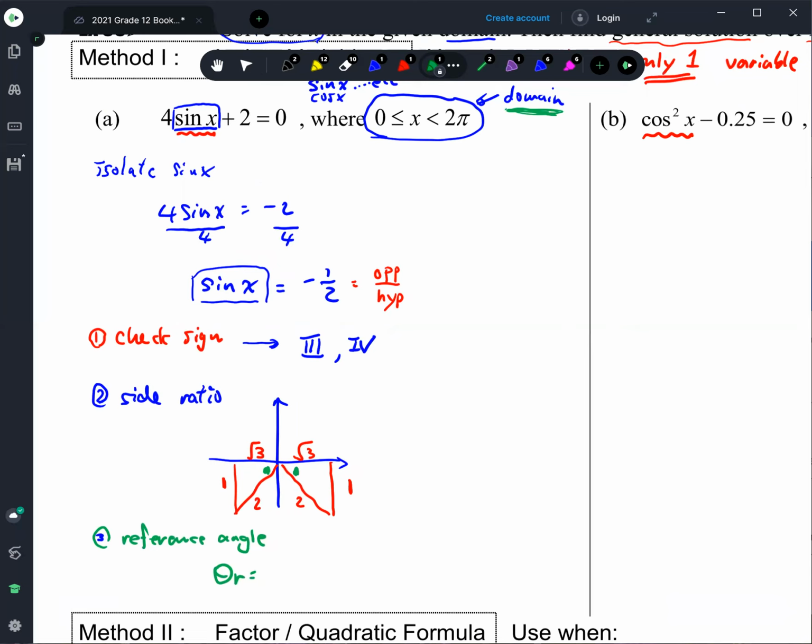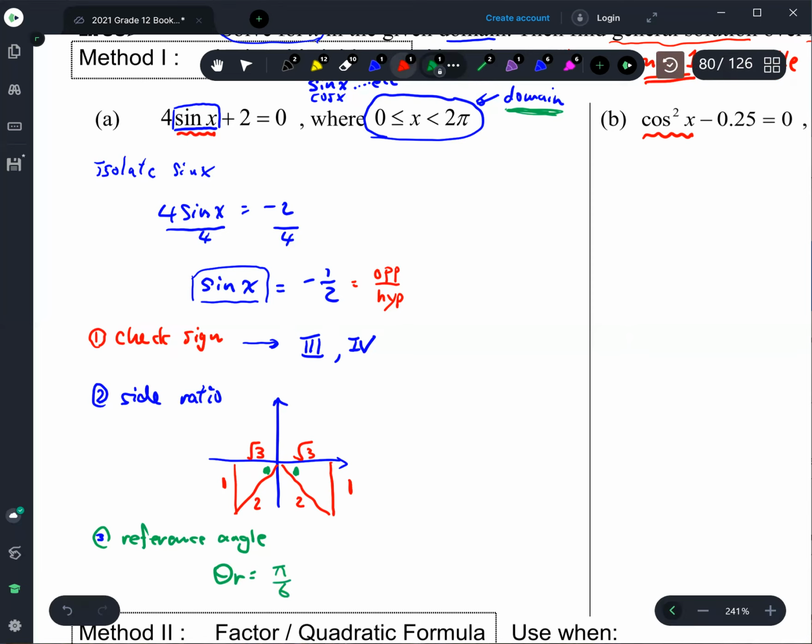If they say the domain is 0 to 360 degrees, then you want to answer in degrees. So how big is our reference angle here from the picture? Susan? 30 degrees, in radian pi over 6. Yeah, very good. Pi over 6.